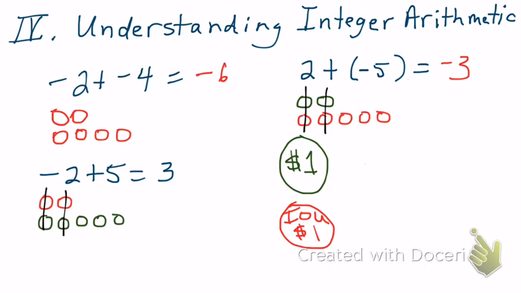So I want you to notice something here. If you're not careful, it's very easy to get things mixed up when you're doing multiplication or addition. Notice here that when you add two negatives, you get a negative. If you were to multiply two negatives, we know we get a positive. So be careful with these rules.